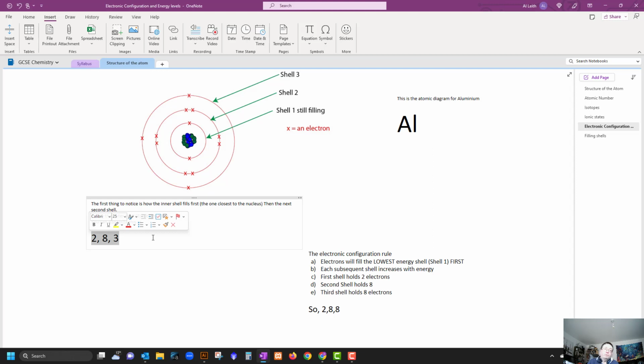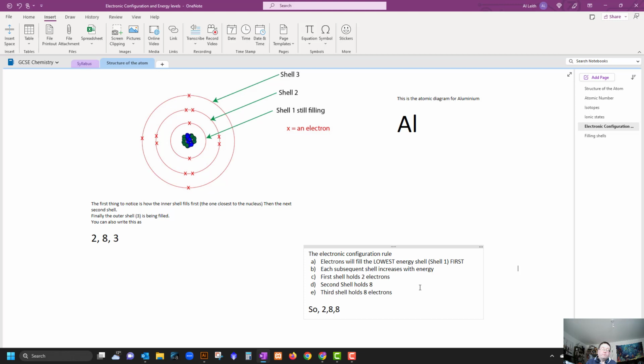But generally, here are the rules so we can apply it to other elements, not just aluminium. Electrons will fill the lowest energy shell, shell 1, first. That's precisely right. It will always be the lowest energy shells that are filled first, and then it will go out as required. Each subsequent shell increases in energy, so there's more energy for each shell as the electrons go up to it.